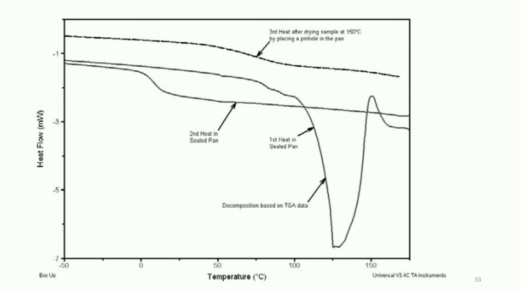The first advantage of modulated DSC over conventional or traditional DSC is the increased sensitivity. It has great sensitivity and quite good resolution power.